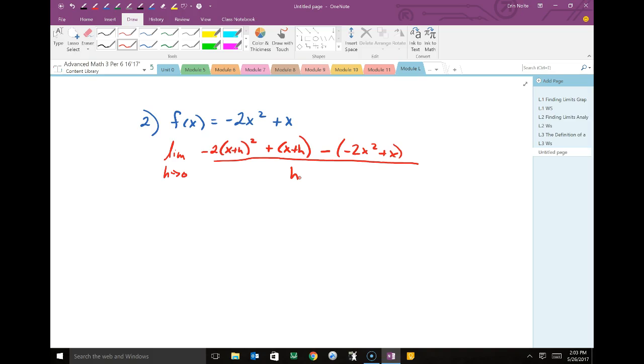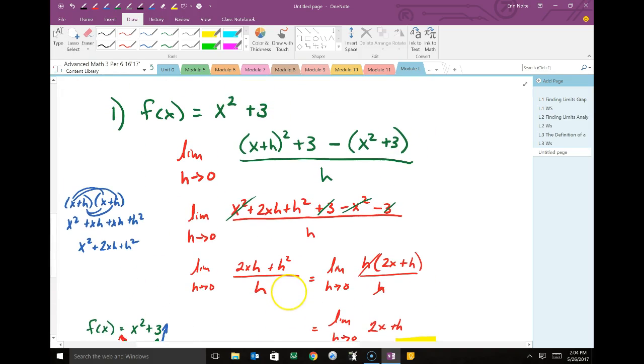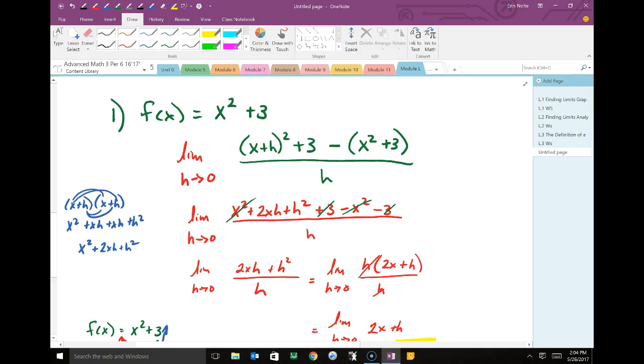Are we supposed to include the x of the first one? Okay, so the function is x squared plus 3, right? So when I plug x plus h into my x, I still have the plus 3, like it's still the entire function. So I include it both times.